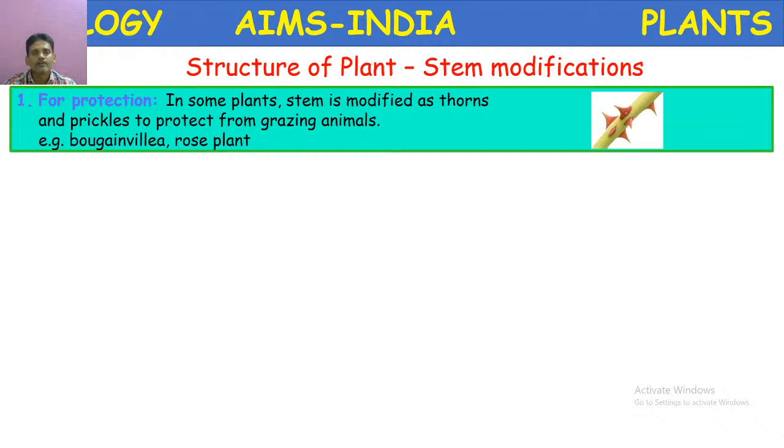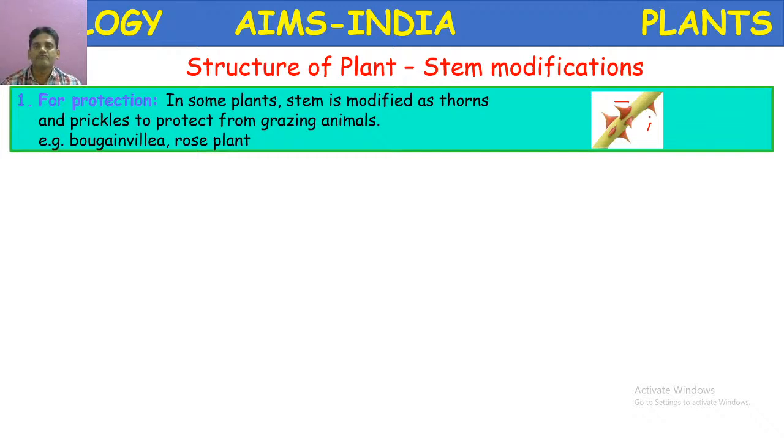Here, thorns. You might have seen this type of structures in rose, bougainvillea, paper flower plant. In some plants, the stem is modified as thorns and prickles to protect from grazing animals, because plants also need protection as they are not moving from place to place.